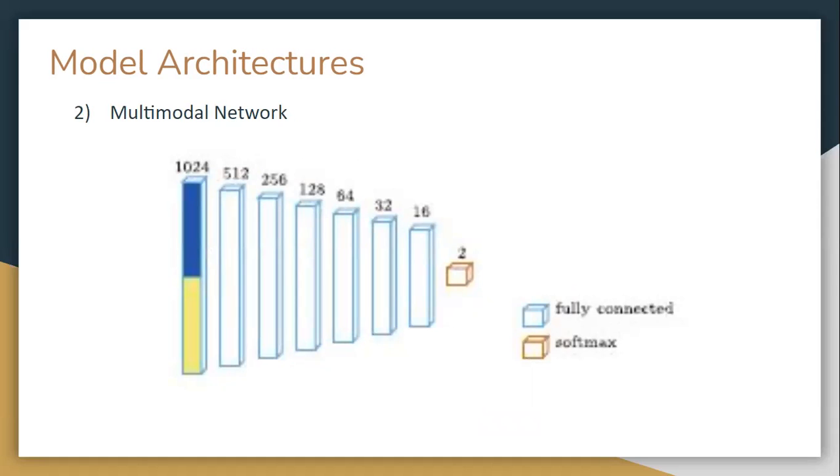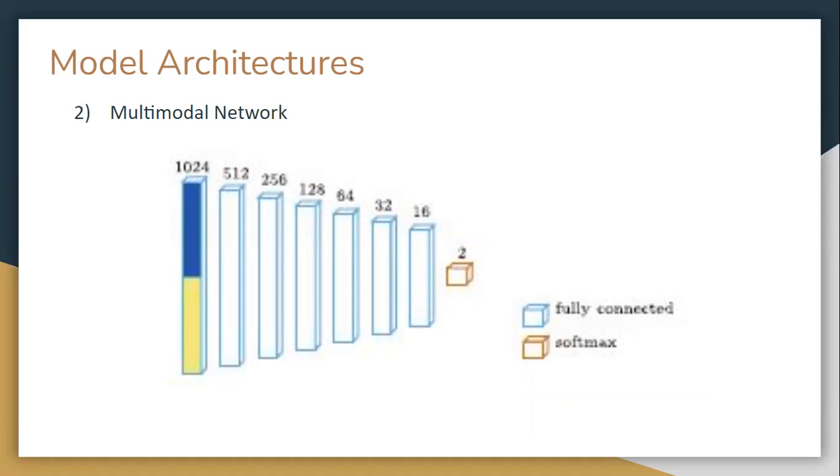Next, the model architecture provided by the authors is a multi-modal network. Here, the high-level perceptual descriptors of matched lesions were extracted from both trained single modality networks and combined by concatenation.